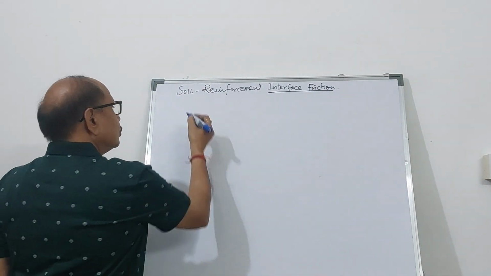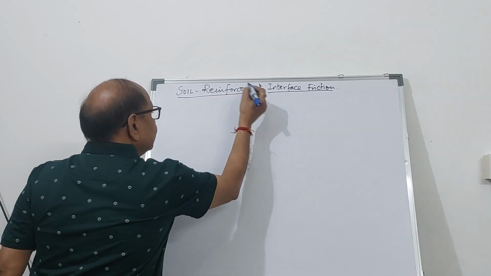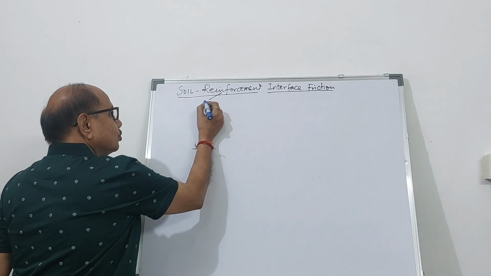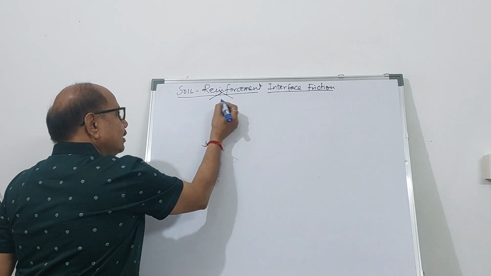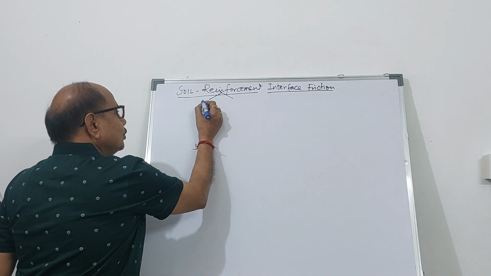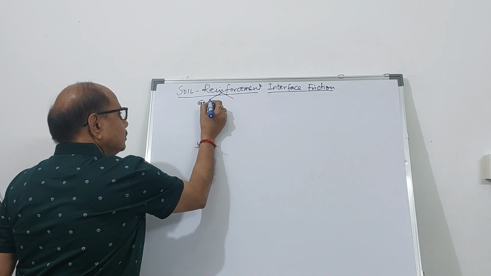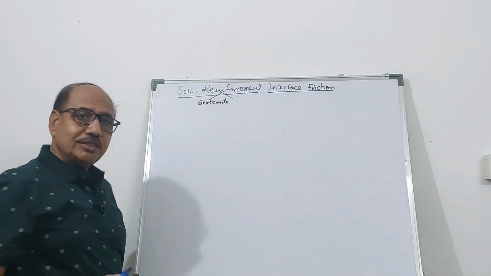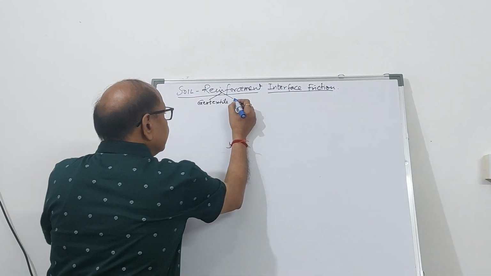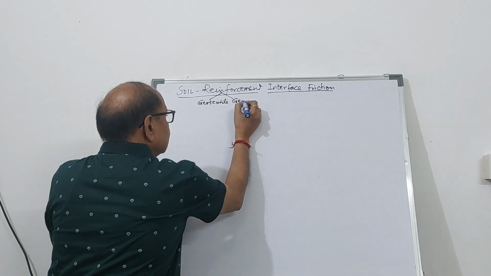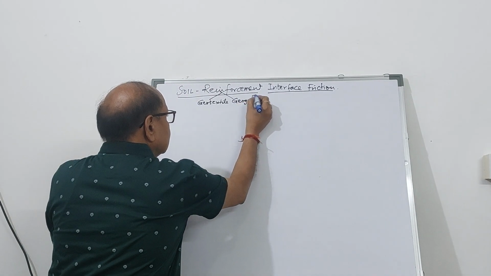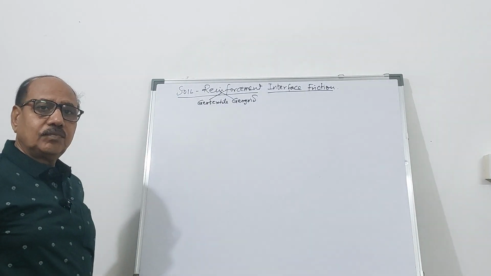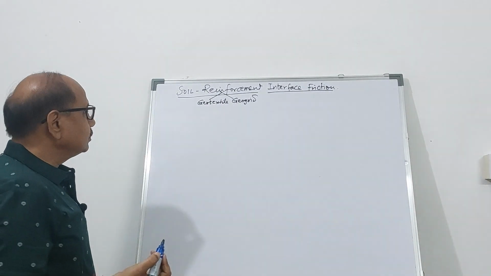Yes. So between soil and reinforcement, the reinforcement is going to be, let's say, planar reinforcement. So it could be geotextile, the geosynthetic product, it could be geogrid, another geosynthetic product.